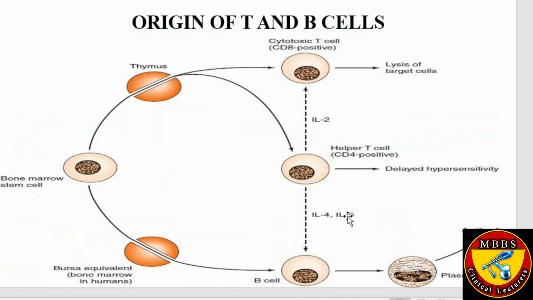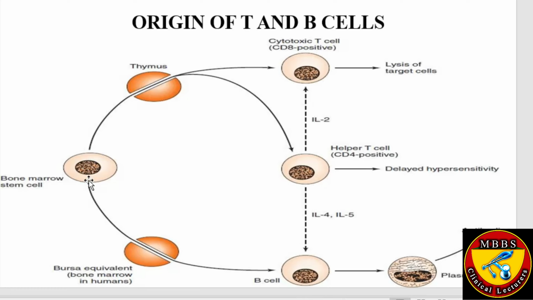Now we discuss the origin of the T and the B cells. So this picture shows the origin of the T and the B cells. Stem cells are the precursor of both T and B lymphocytes and reside in the bone marrow.